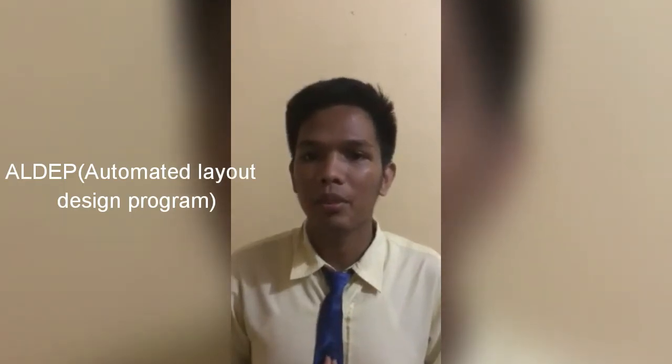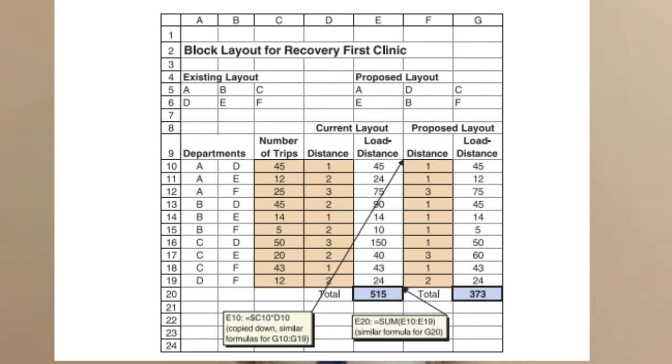A number of computer software packages can be used as decision support tools in making layout decisions. Two of the most popular are ALDEP, or Automated Layout Design Program, and CRAFT, the Computerized Relative Allocation of Facilities Technique. The solution to the layout problem for Recovery First can also be solved by using a spreadsheet as shown.